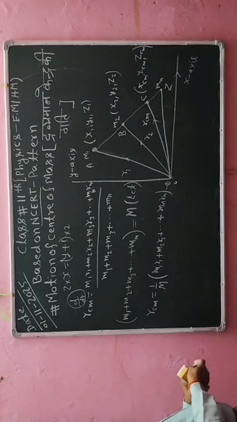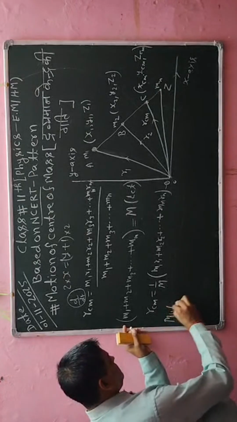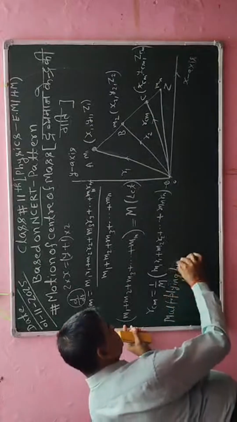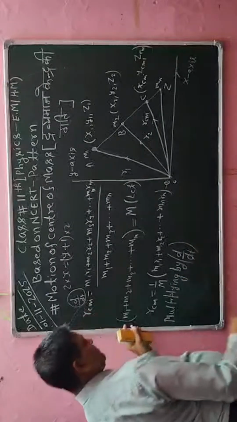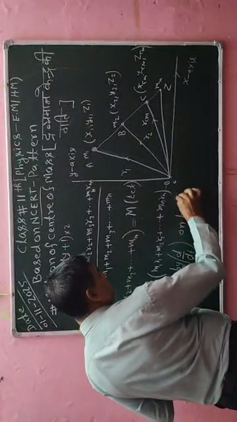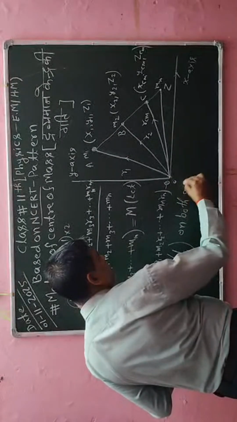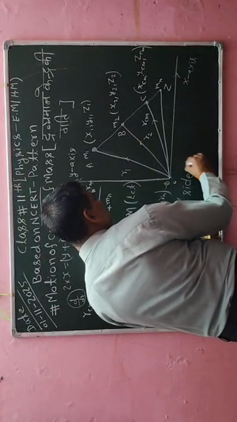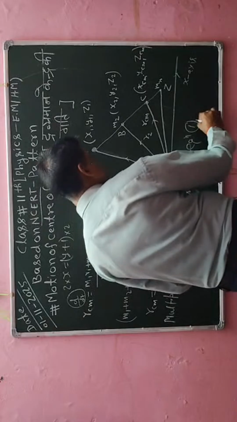I am going to write one statement: multiplying by d upon dt, this is an operator, on both sides of equation number 1, we get.